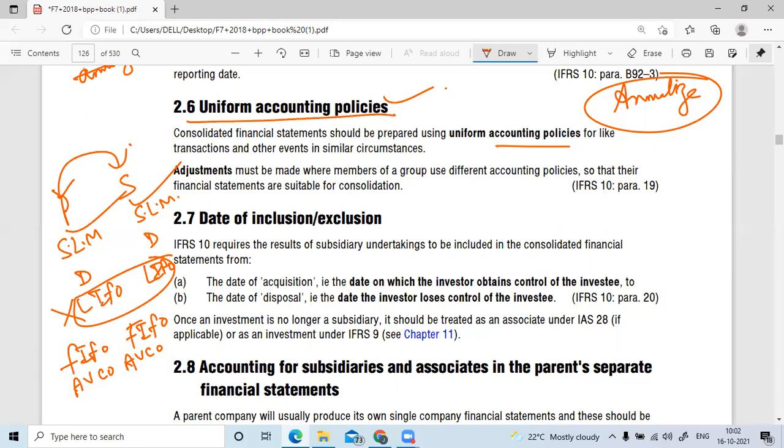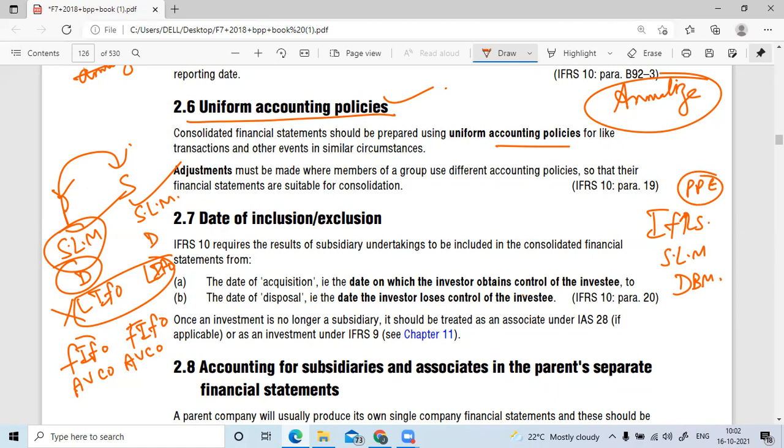But standards give you the chance of following either this or this, na? For example, as for IFRS, you can use any method for depreciation, either straight line method or diminishing balance method. But do you have some other standard to follow for depreciation of property, plant and equipment?